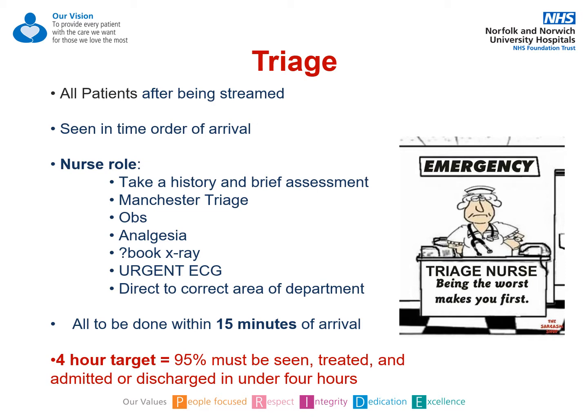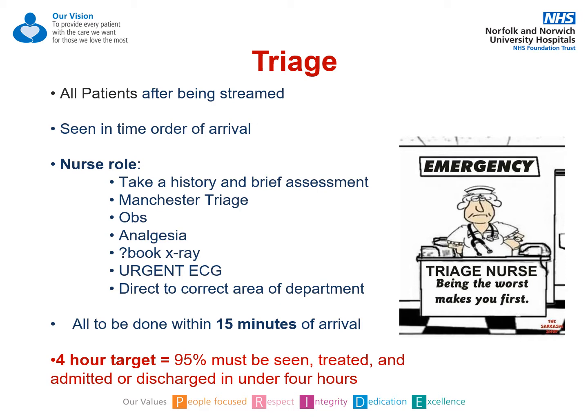This nurse will have to do an initial set of observations, a full set. They might be able to prescribe and give some analgesia. A lot of triage nurses can prescribe under PGD: paracetamol, ibuprofen, or co-codamol, or they might have to get a doctor to prescribe something else.